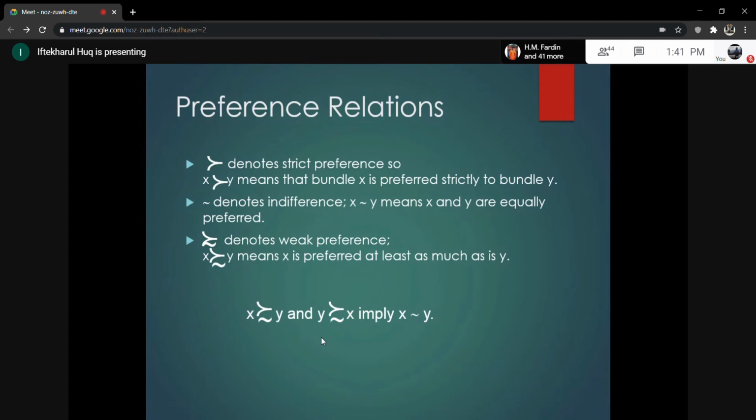And you can say, I prefer X more than Y, or you can say I prefer X at least as much as Y, or you can say I like X exactly as much as Y. By looking at the two bundles, you have to decide which one it is: is it strict preference, weak preference, or indifference? Again, this is just a notation. Once we start applying it, hopefully it will get clearer.